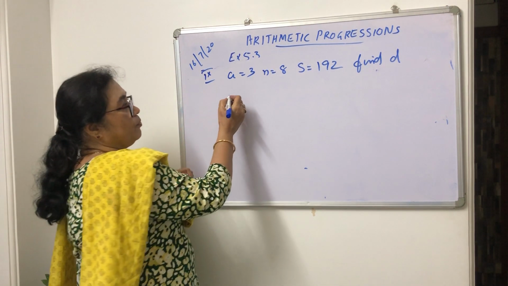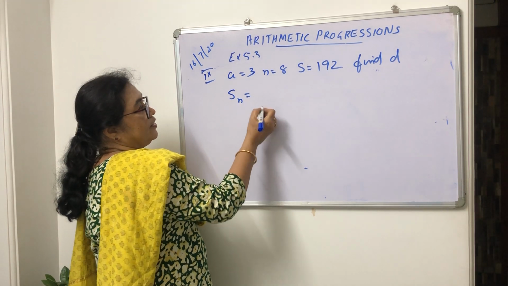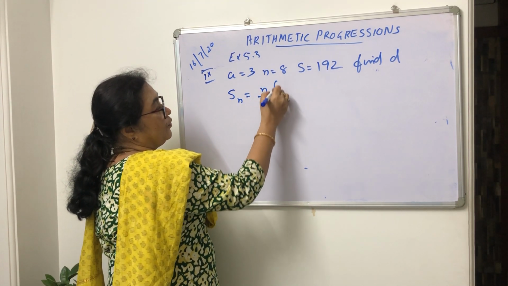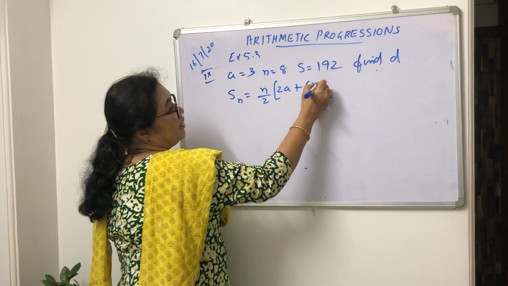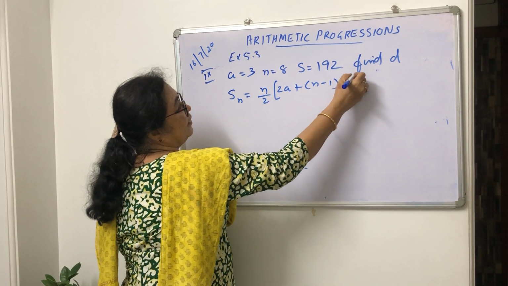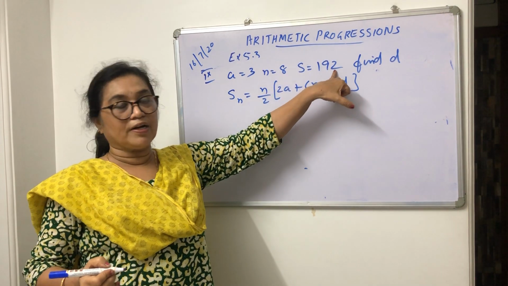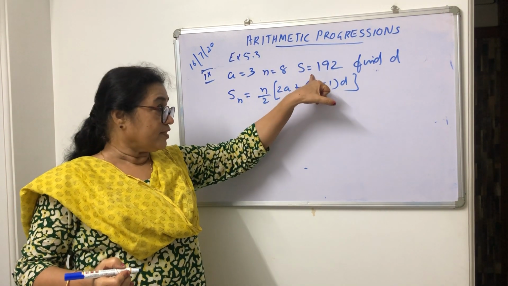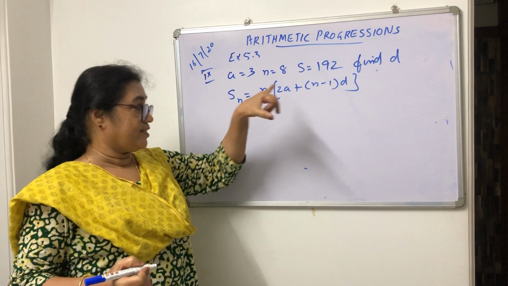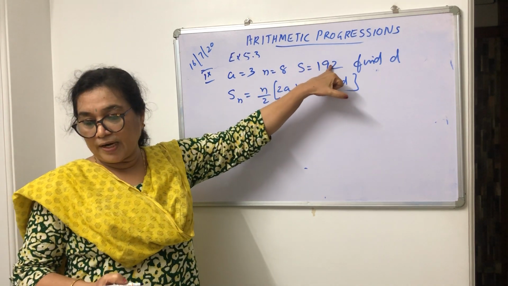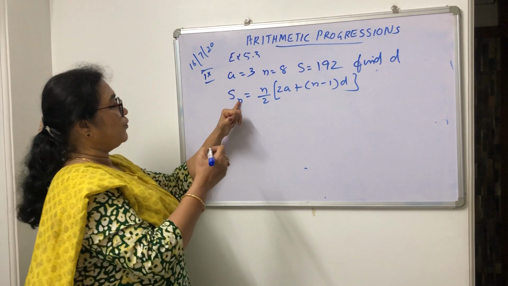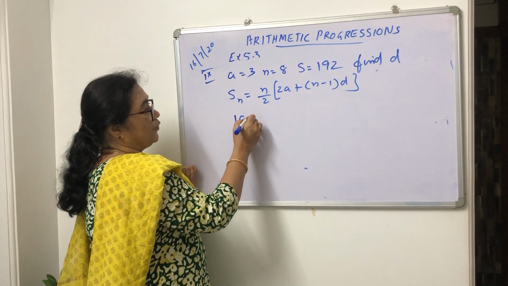Again you take the formula Sn. Sn equal to N by 2 into 2A plus N minus 1 into D. Here N is 8 and S is given 192, this is S8. So S8 is 192.